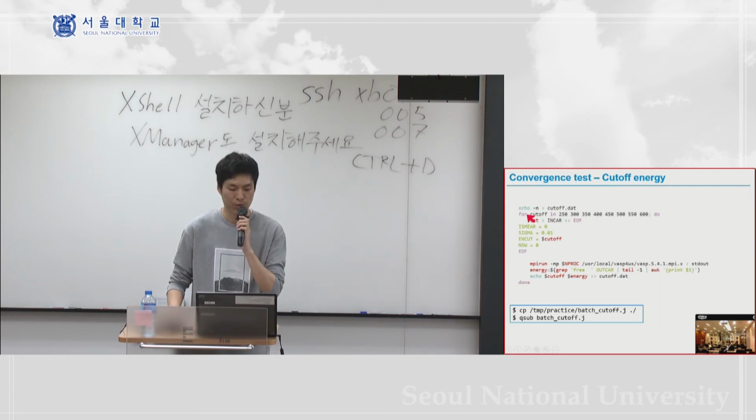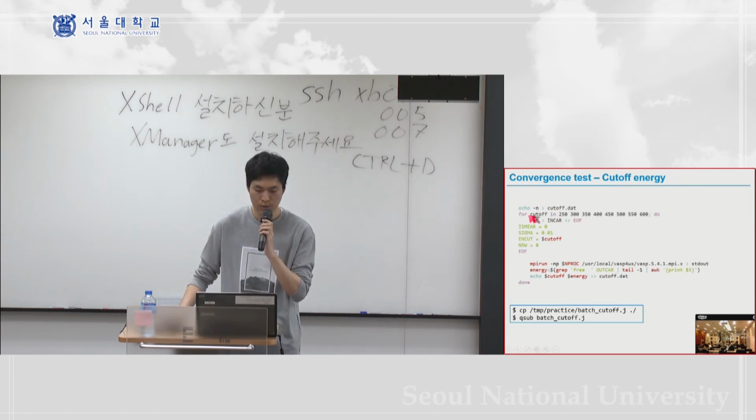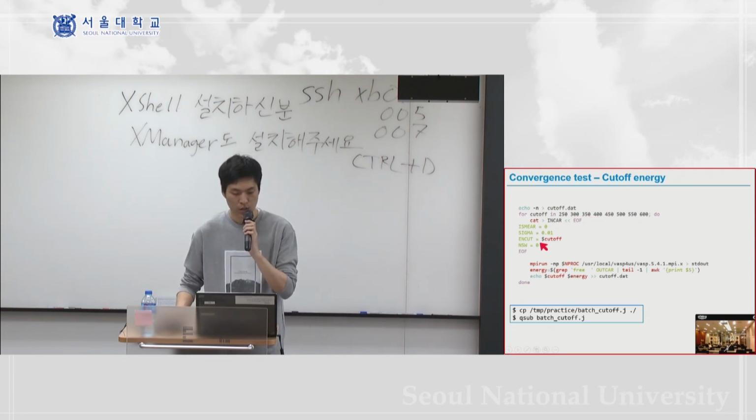So you don't need to know what all this means, but what this does is it iterates for cutoff energies in 250, 300, 350, etc., and changes cutoff in the INCAR as a specified cutoff and runs VASP calculation and grabs energy from the OUTCAR and appends the cutoff and energy to cutoff.dat.